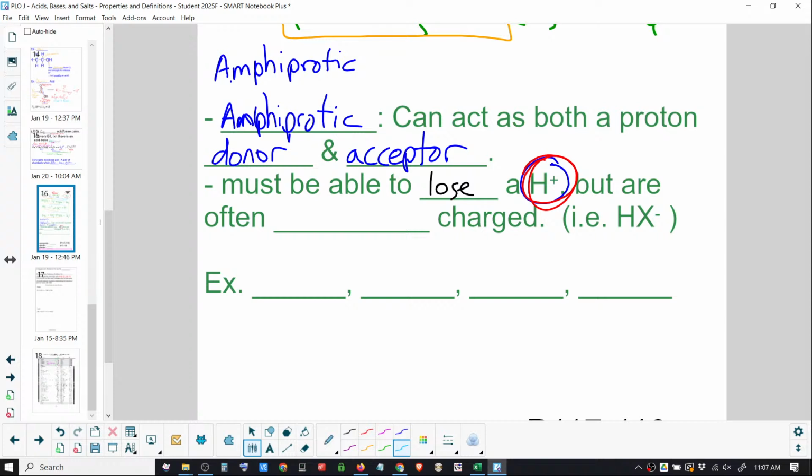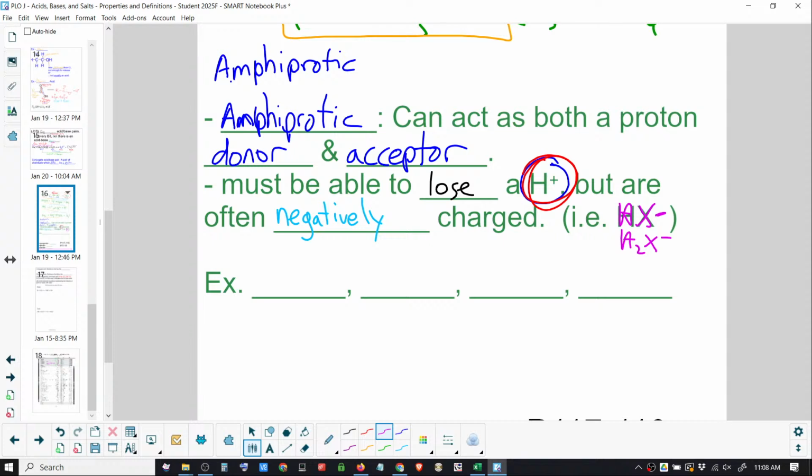A negative. So they're often negatively charged, with the formula HX minus or H2X minus or HX minus 2, some amount of charge and amount of hydrogens. So they could take another one, or they could give one up, depending on the species that they're with.